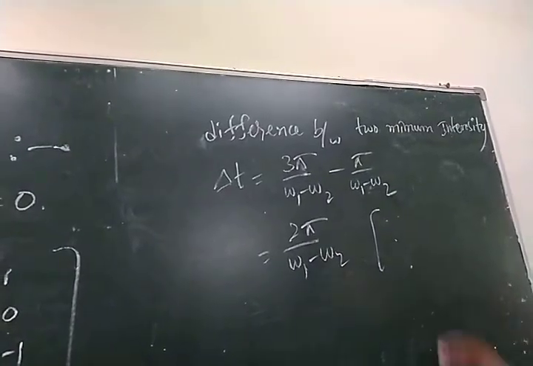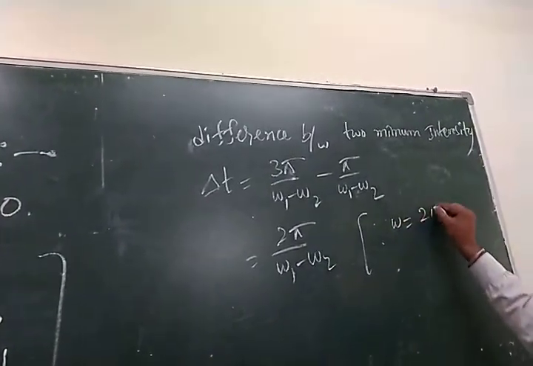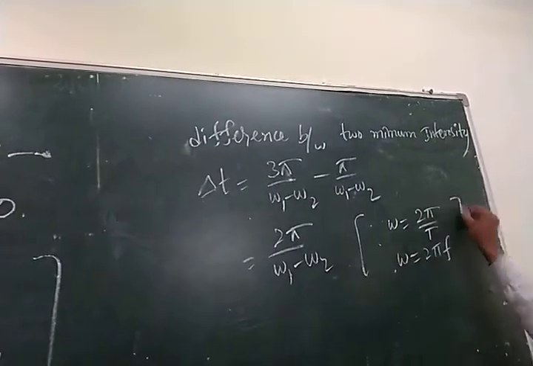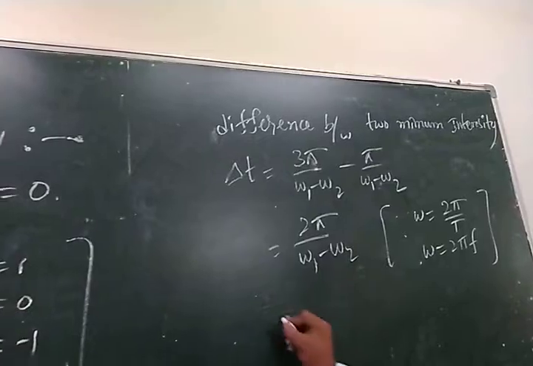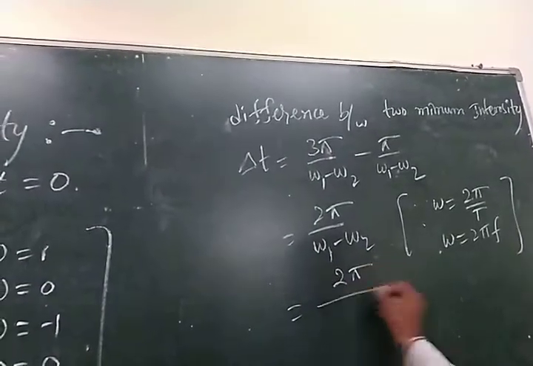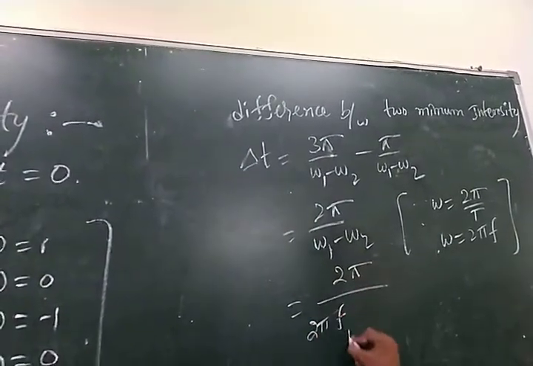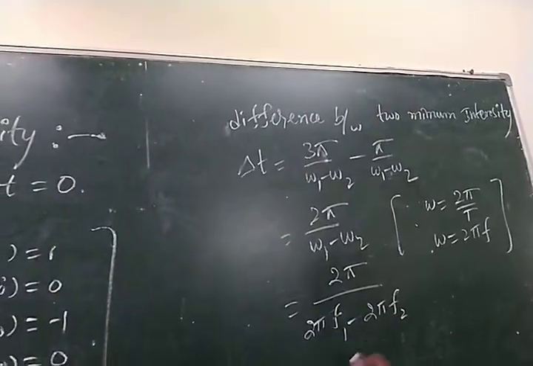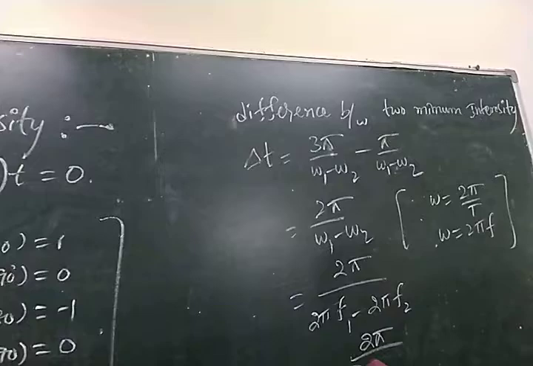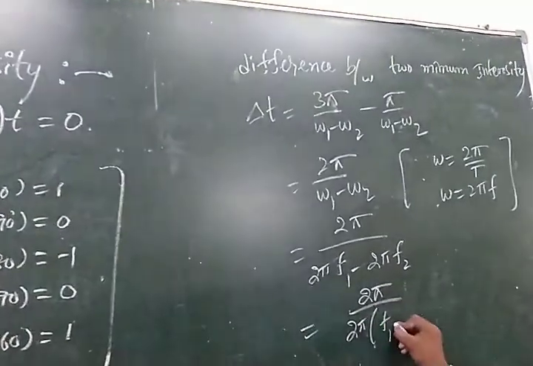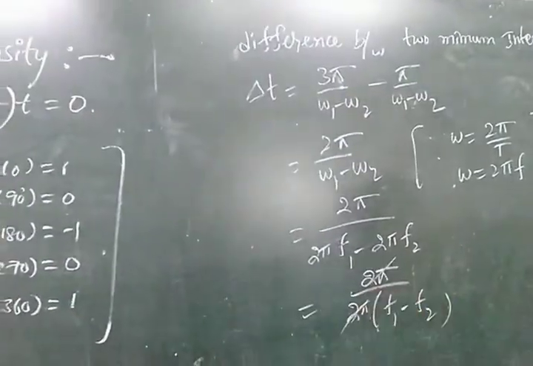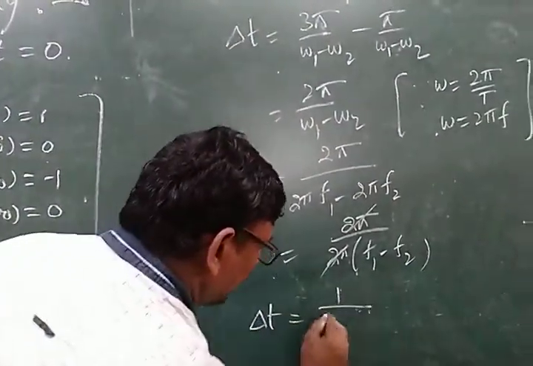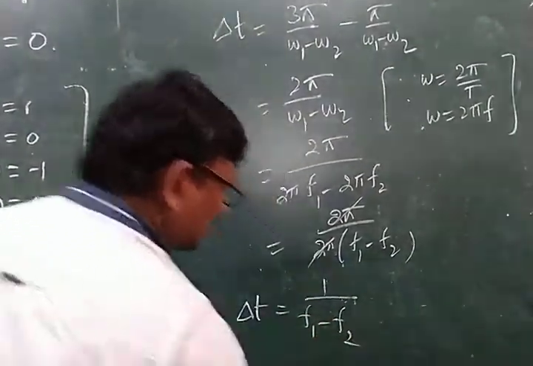See, we know the formula: ω is equal to 2π/t, that is ω = 2π f. Substitute the value here: 2π by (2π f1 minus 2π f2), and the 2π will be taken common, f1 minus f2, and the 2π gets cancelled. This delta t is equal to 1 by (f1 minus f2).